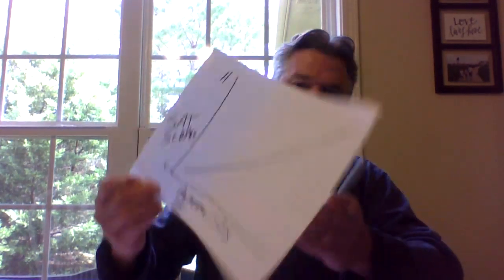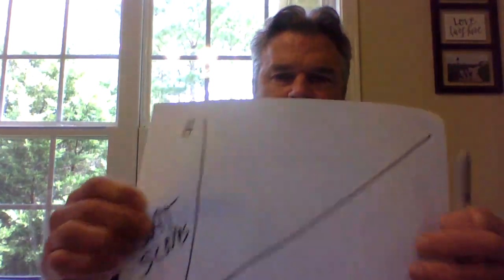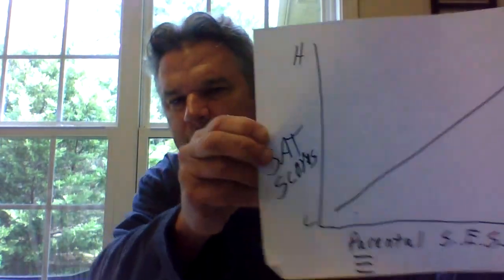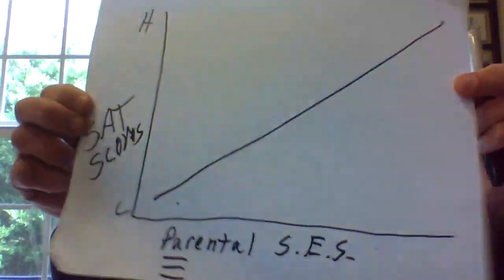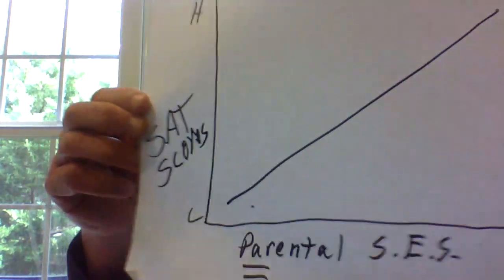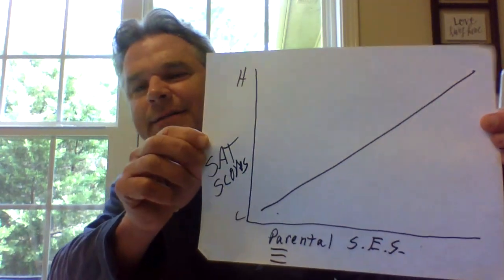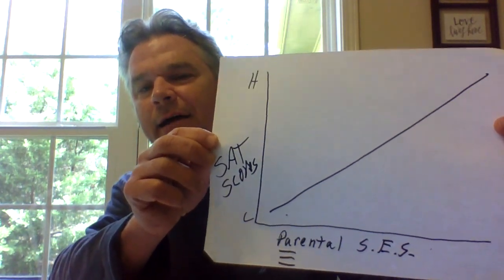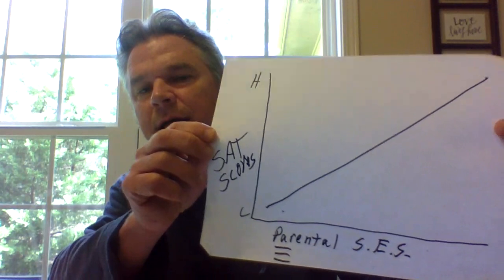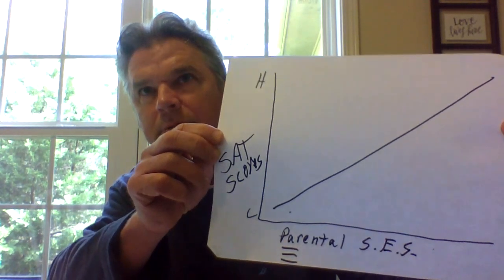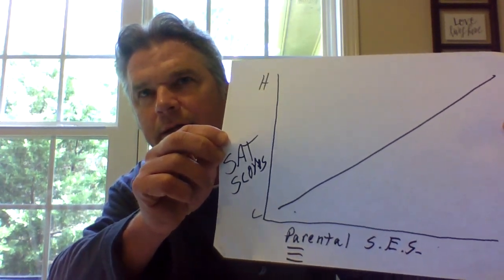Okay. So, say this is our model. SAT scores. How am I getting it on here? Can you see that? And parental socioeconomic status as one of the independent variables, and then other independent variables, as illustrated by the lines there, right?